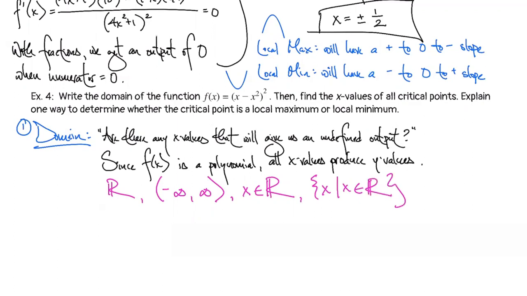That's fine too. Some people use the same notation but with 2 dots instead of the line, and it means the same thing. I think most folks tend to stick with these first 2, and that is absolutely fine. Depending on their previous instructors, some people may have wanted the set notation, and that's absolutely fine.